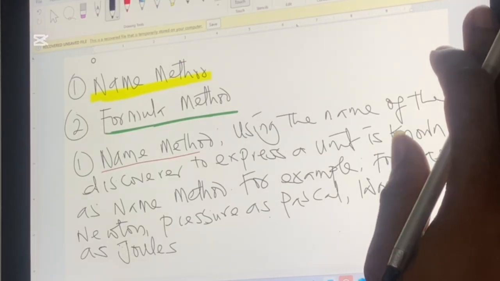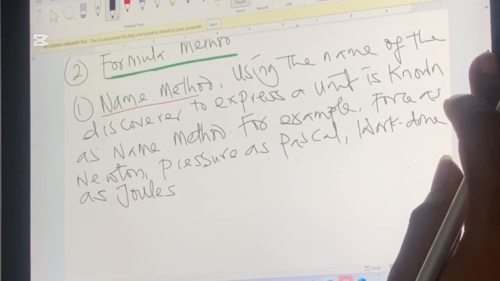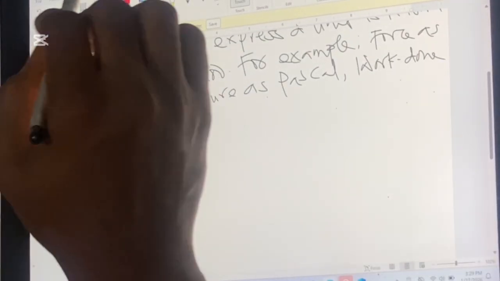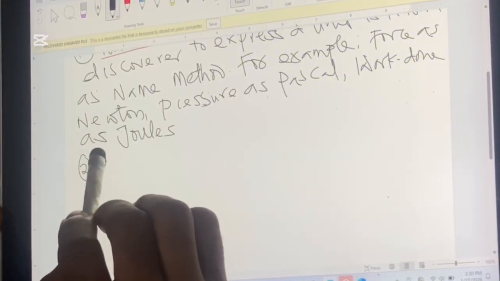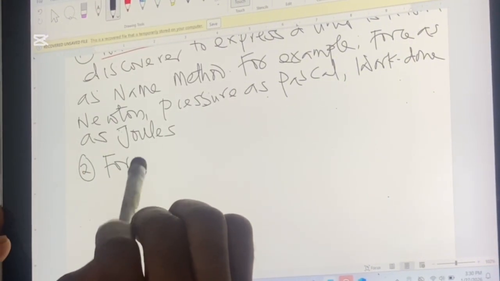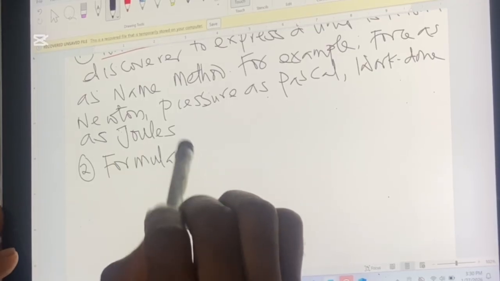Before we solve a particular question here, please let's take the next one here, class. Two, formula method.